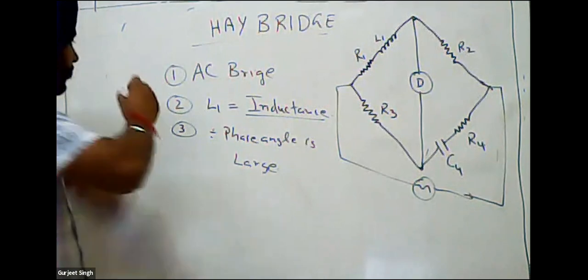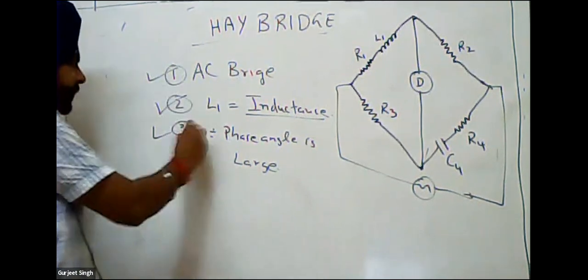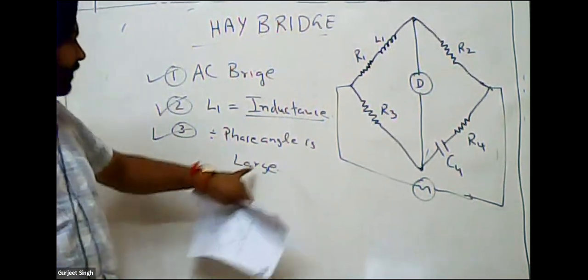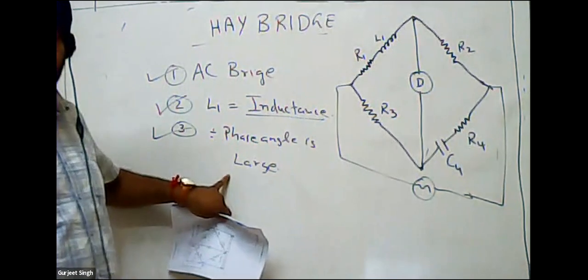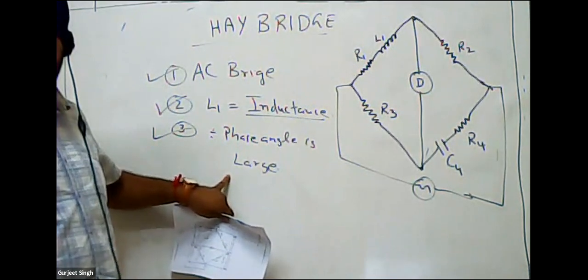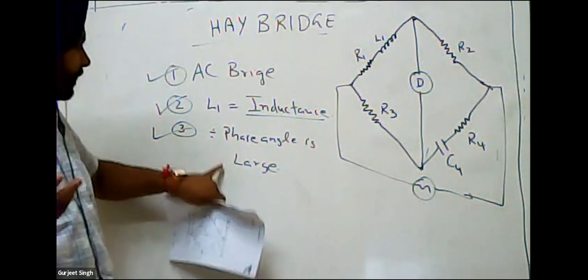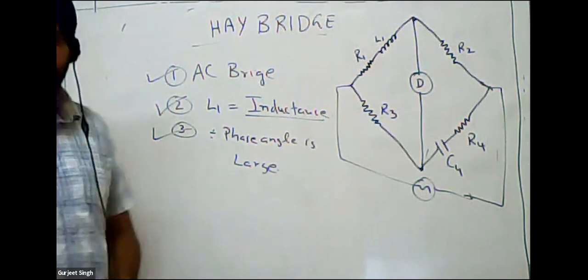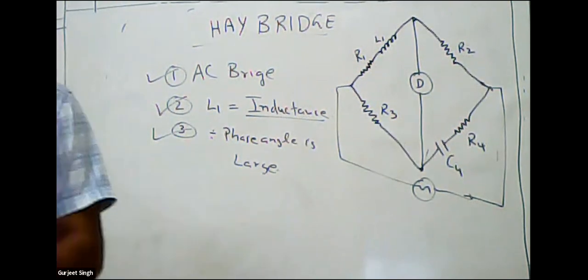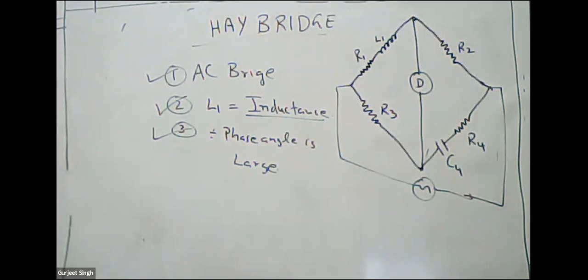It is used to measure the value of the inductance which is having the larger phase angle. So this is the brief about the Hay bridge. What is the Hay bridge doing?